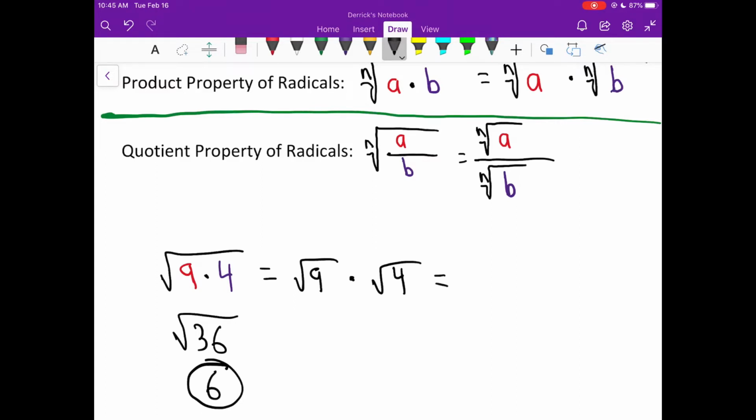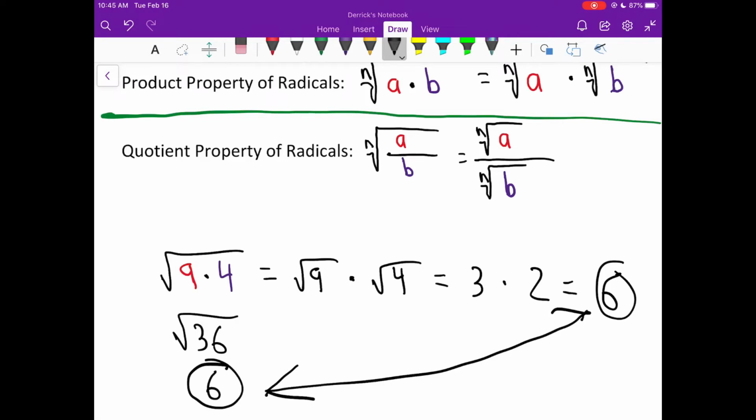So the square root of 9 we know is 3, and we know the square root of 4 is 2. 3 times 2 also gives us the exact same 6 that we got the other way. That's what the product property of radicals is saying. It doesn't matter which direction you want to do that in, whether you want to do the multiplication first or the square rooting first, you'll still get the same answer.